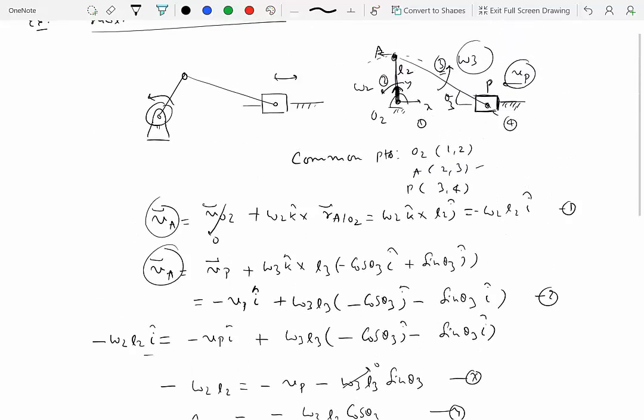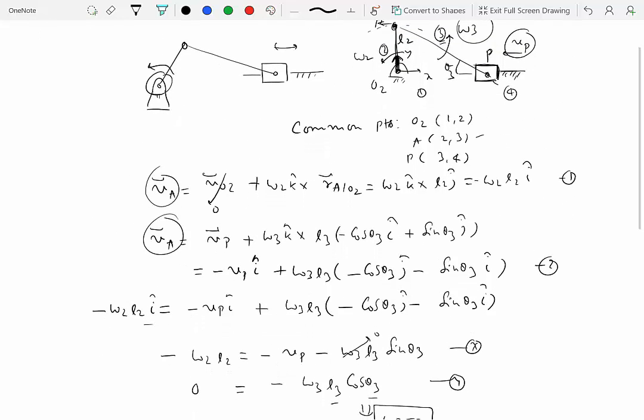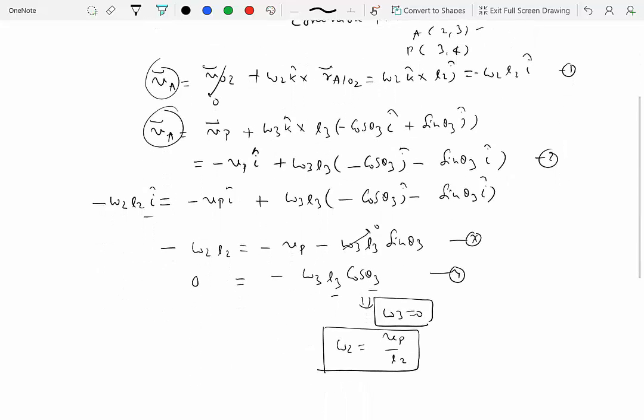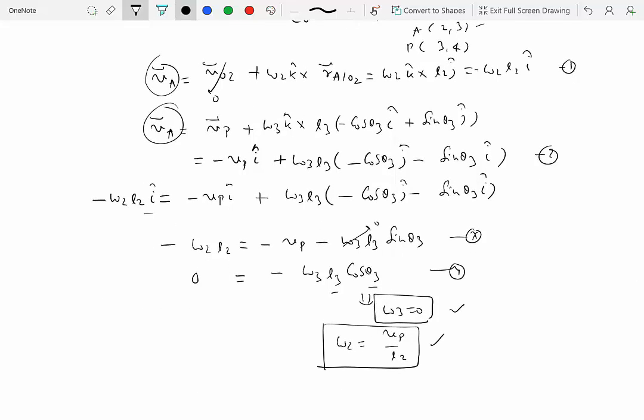Now if I wanted to do the same analysis for the acceleration, I could do that. All I would have to do is, after I finish doing the velocity analysis, I would do the acceleration analysis. The reason I always have to do velocity analysis, even if the question is only asking for acceleration, is because I will need to know these omegas. And you will recall in the expressions for acceleration, you have terms like omega cross r, right? And those terms you won't be able to write unless you have the angular velocity.